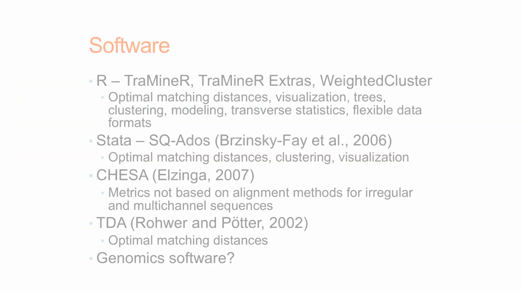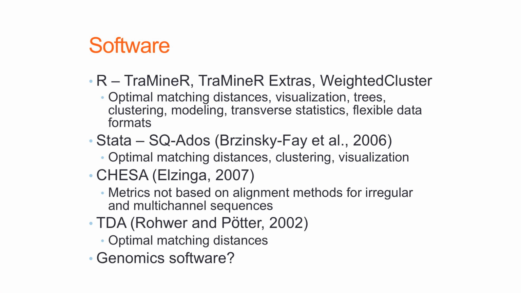Okay, software. R has TraMineR, TraMineRextras, and WeightedCluster packages. Stata has an SQ-ADOS module. CHESA is another one, and that was developed for other alignment methods where people wanted to get away from optimal matching and wanted to better account for subsequences, or to look at multi-channel sequences.